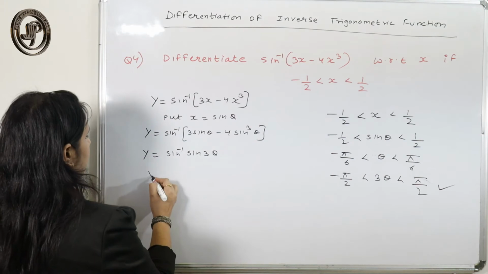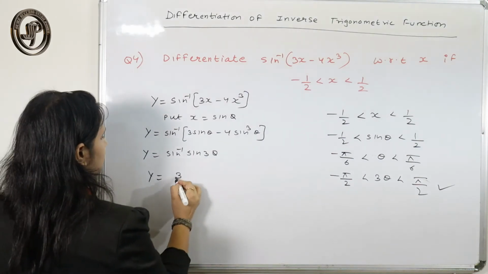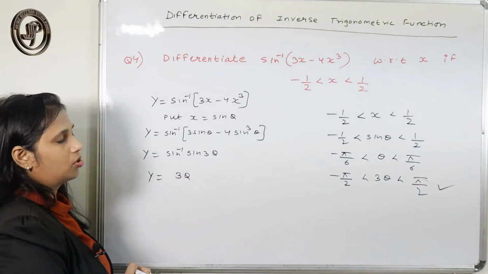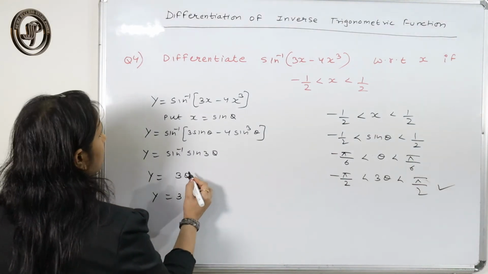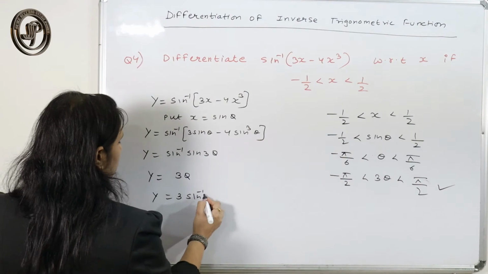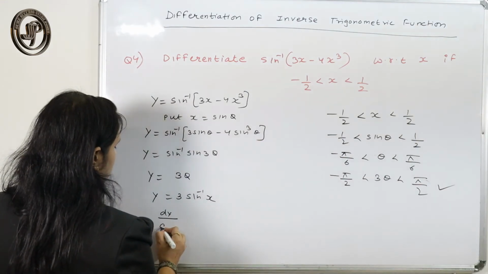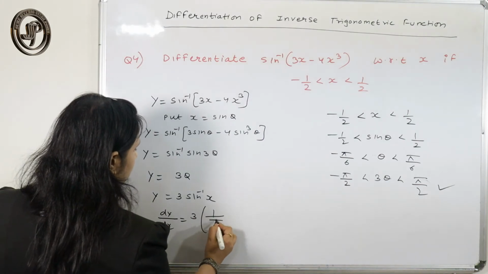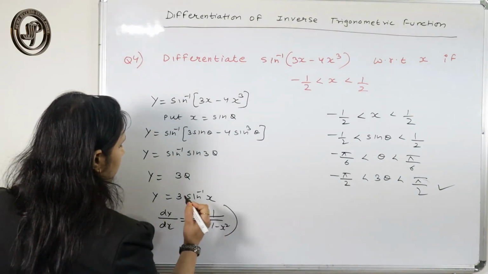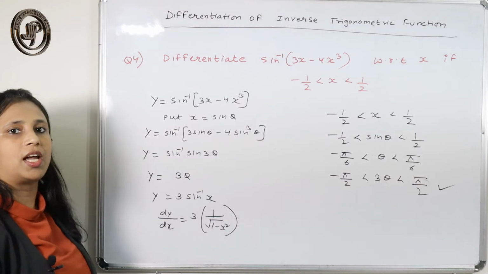So we can write sine inverse sine 3 theta as 3 theta. No need to change the theta here. So now 3 and theta is what? Sine inverse x. Now differentiate 3 sine inverse x, and that is what? 3 upon under root 1 minus x square. That is the differentiation of sine inverse x.